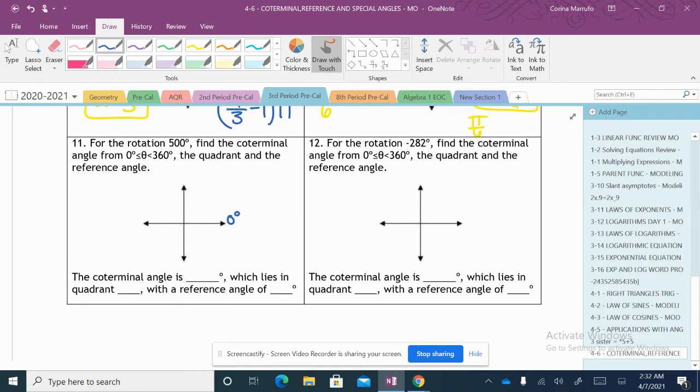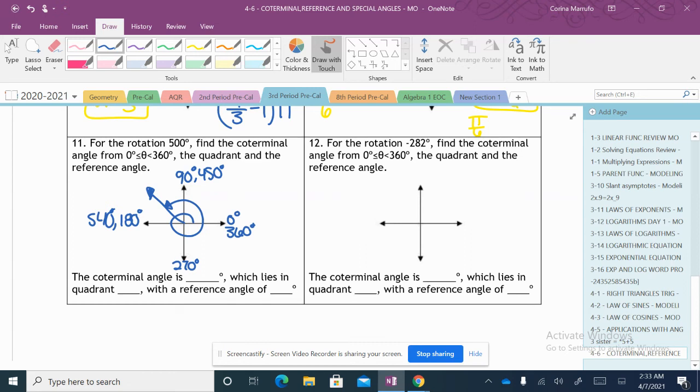So we have 0, this is 90, this is 180, this is 270, this is 360, then this is 450, and we add another, this would be 540. So 500 degrees would land about right here. So it starts here, it comes around once, and then stops here.